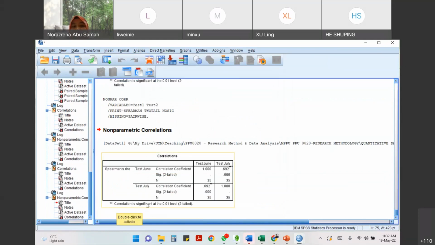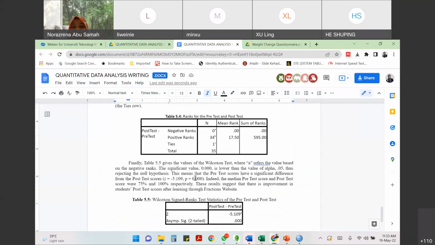Correlation is significant at the 0.01 level. Okay, so there is a star here. So let's say you want to write like this. This means that the test of June and July have a correlation.